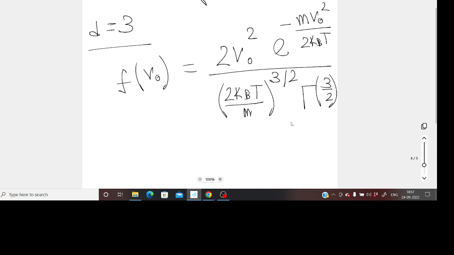Now here is gamma of d by 2. What is the value of gamma of 3/2? This is equal to half of gamma of half, and gamma of half is equal to root pi. So this is equal to this.